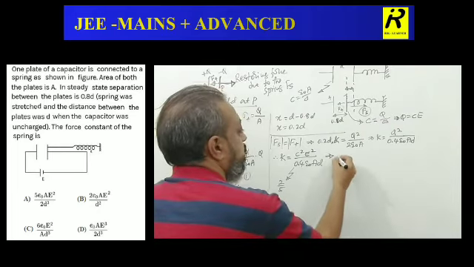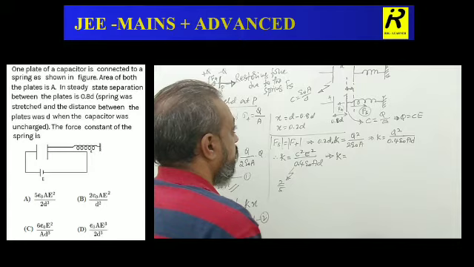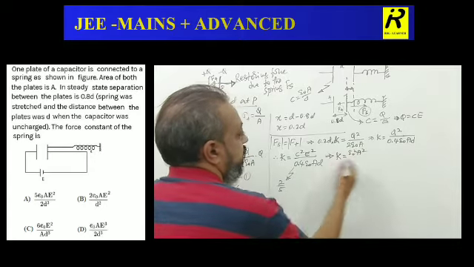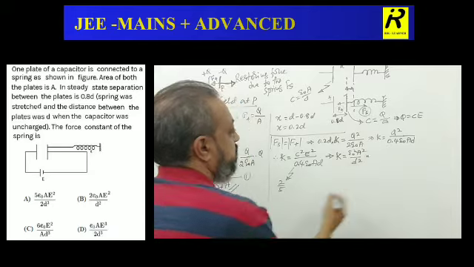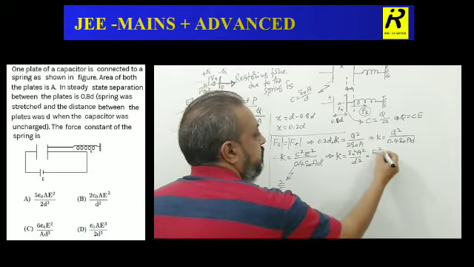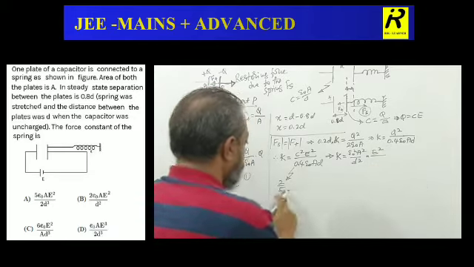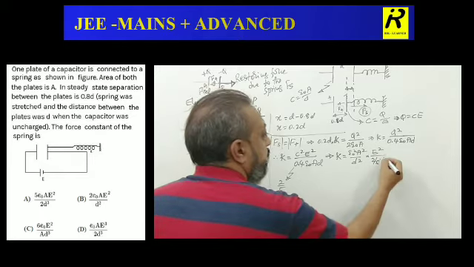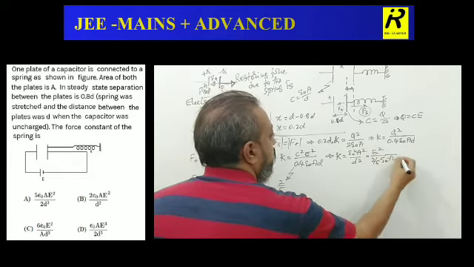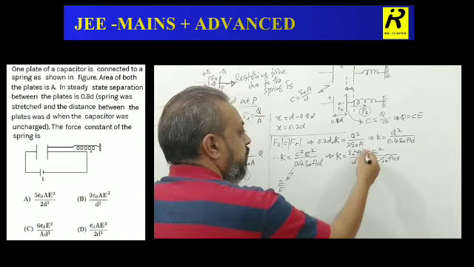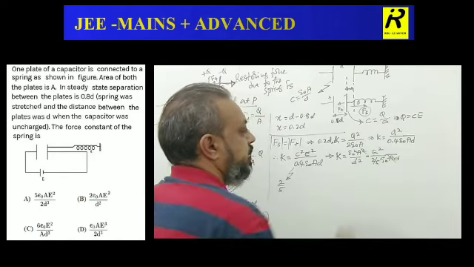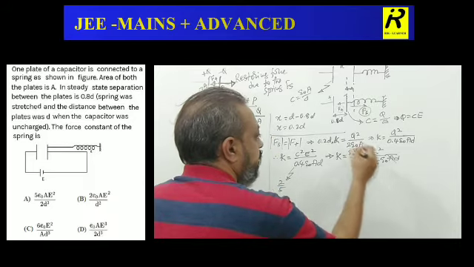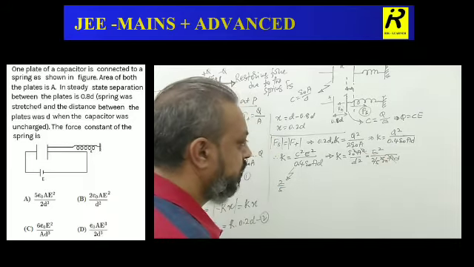K is equal to, for the C square it is epsilon O square A square divided by D square, multiplied by the remaining terms E square divided by 2 by 5 into epsilon O A into D. Here the A square and A, a single term of A gets cancelled, and one epsilon O term gets cancelled.